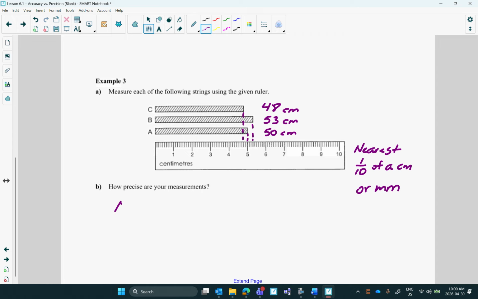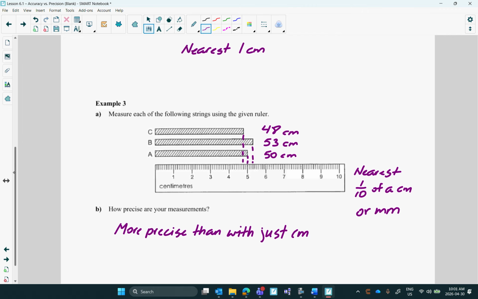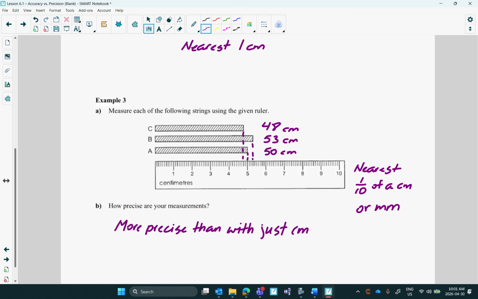So we would just say we're more precise than with just centimeters. Okay, so that's metric.